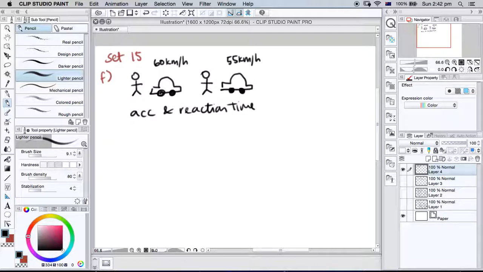reaction time. From the previous questions, we know that his reaction time is 0.5 seconds, and that his deceleration is negative 3.704 meters per second squared.